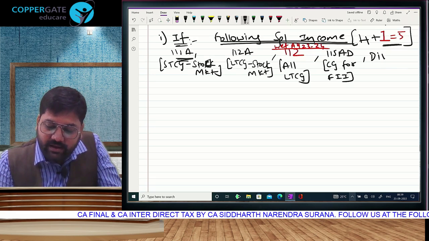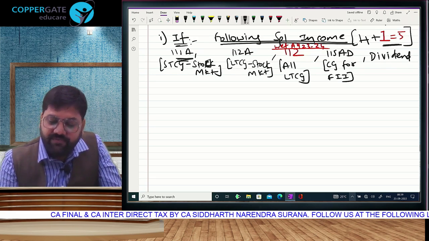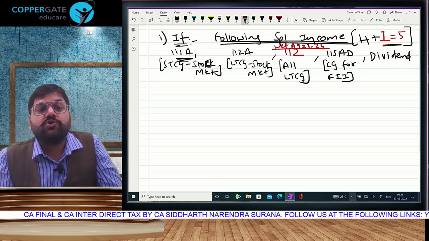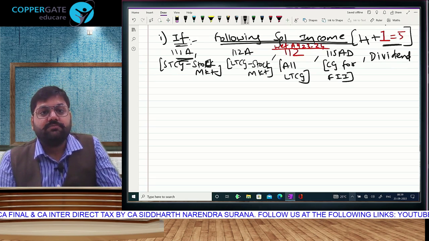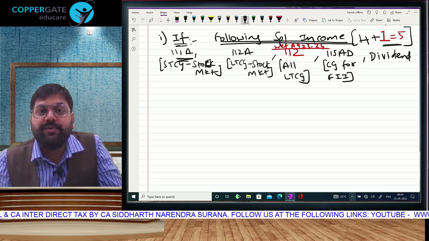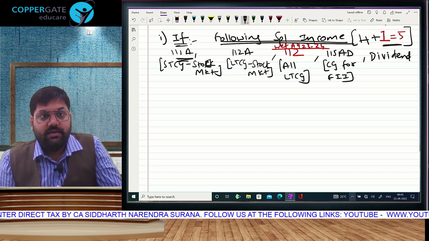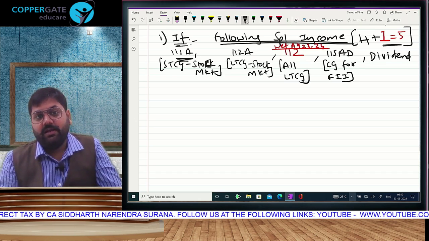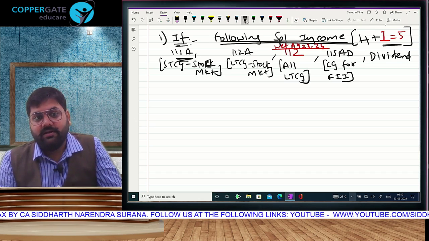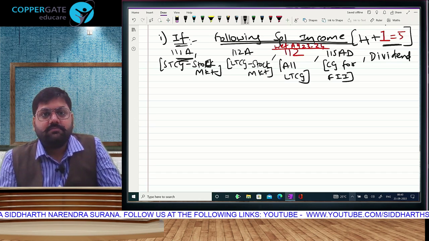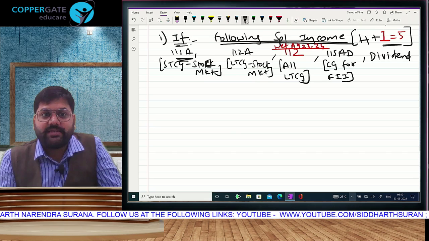And you have income in the form of dividend, which 2 years ago was not taxable for shareholders. The company was liable to pay dividend distribution tax. And suddenly it says, no, the company will not pay DDT. The shareholder will pay tax. So dividend is also taxable for shareholders.